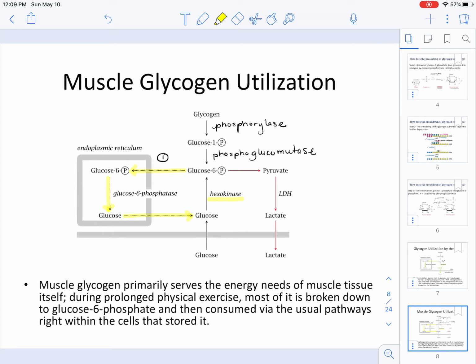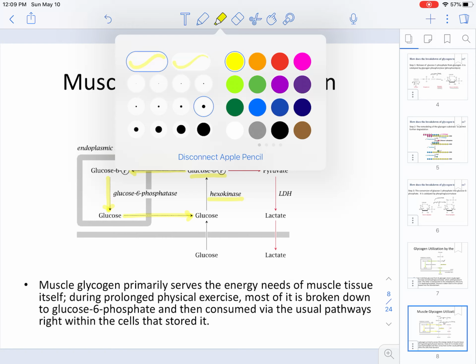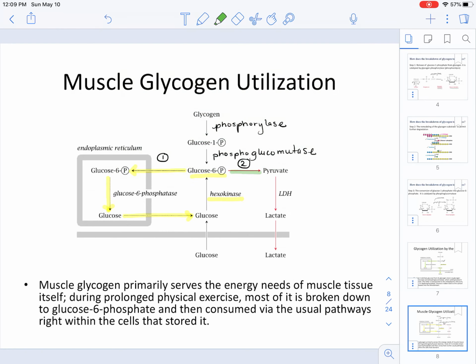So, since hexokinase has a higher affinity to glucose compared to glucokinase, what happens is that glucose 6 phosphate can be diverted into another pathway, which is glycolysis, where we're now going to be taking that glucose 6 phosphate and converting it into pyruvate.